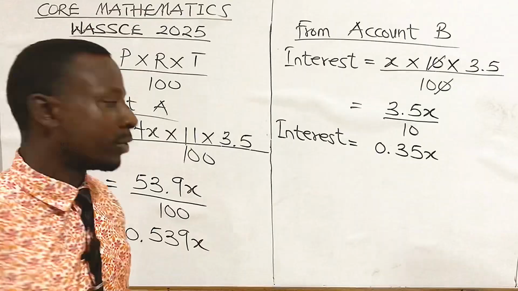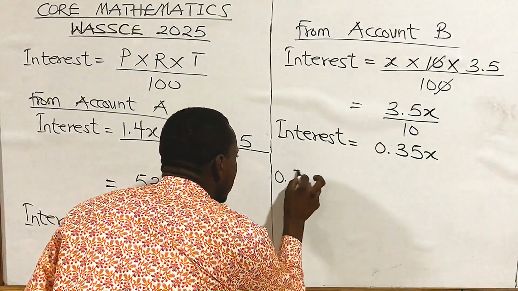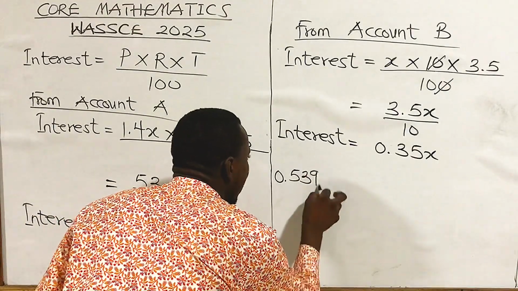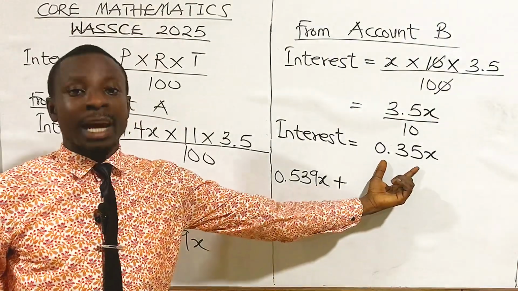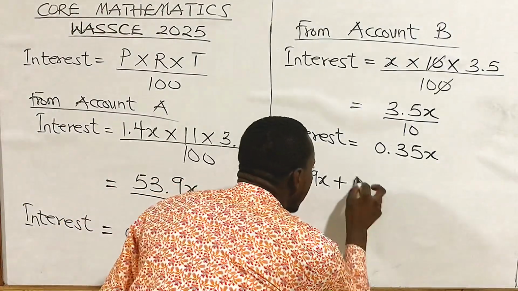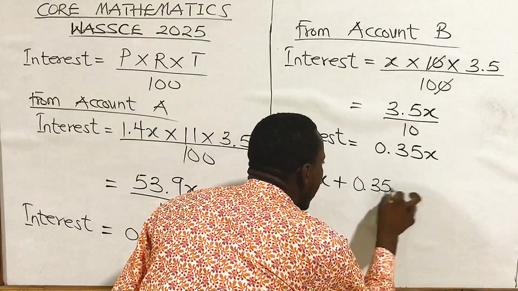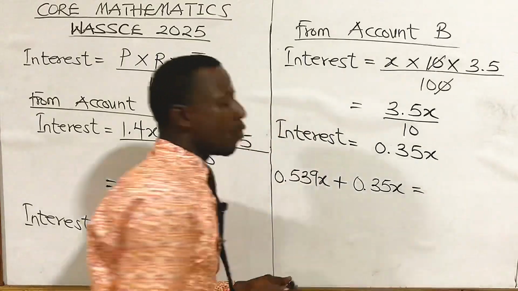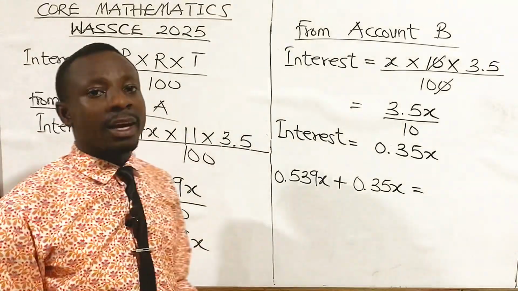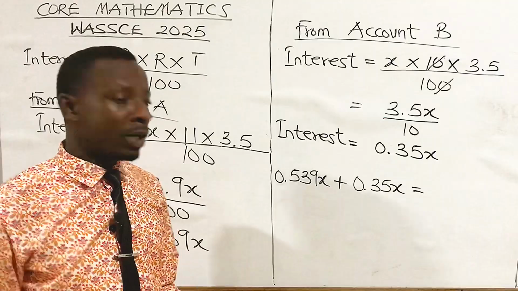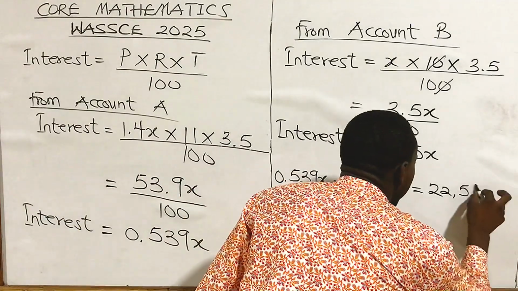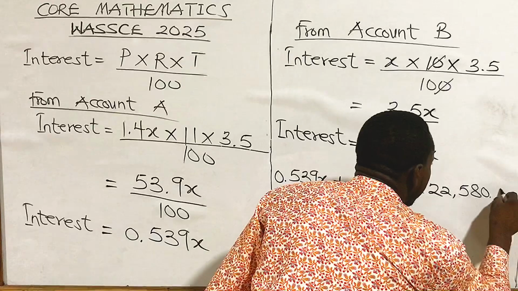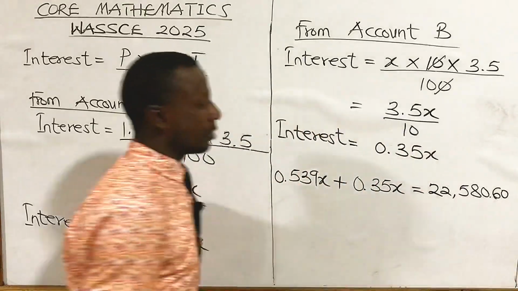So 0.539x plus the interest in account B, 0.35x, put together, needs to be equated to 22,580.60.